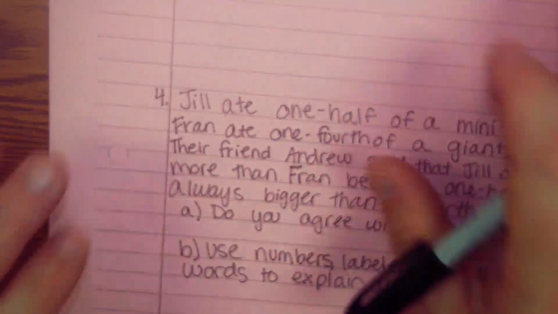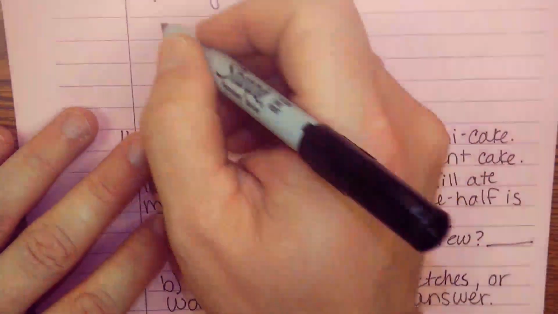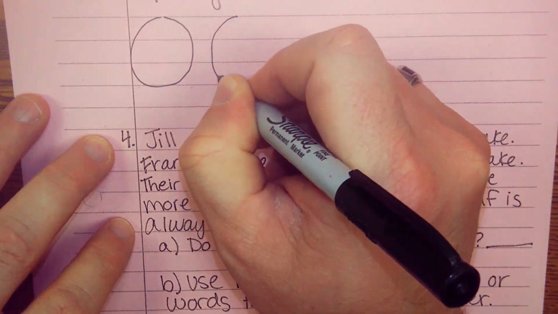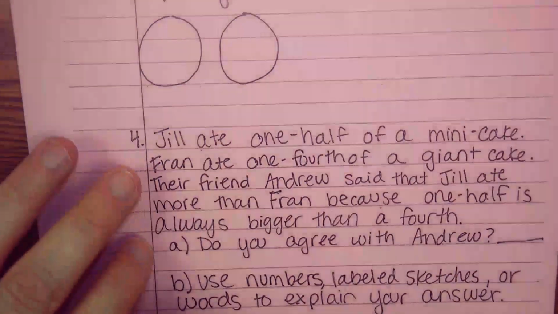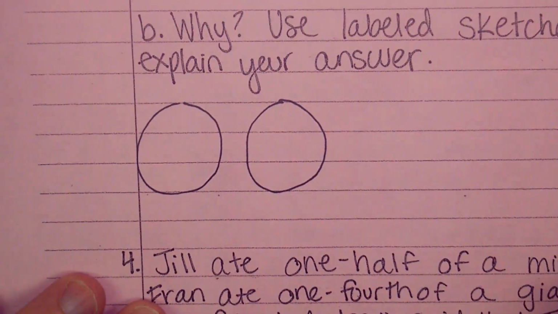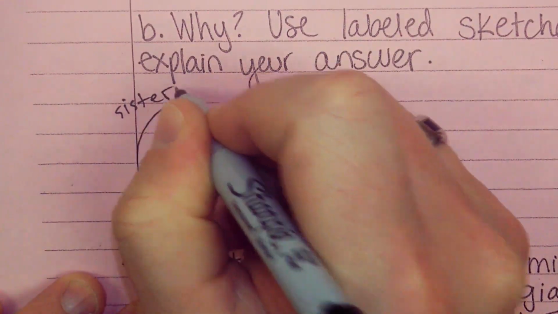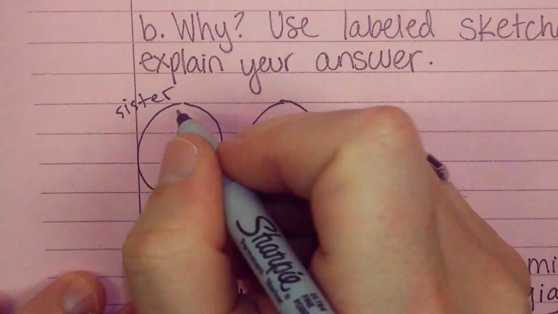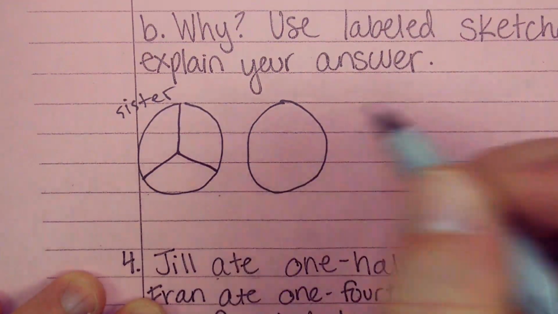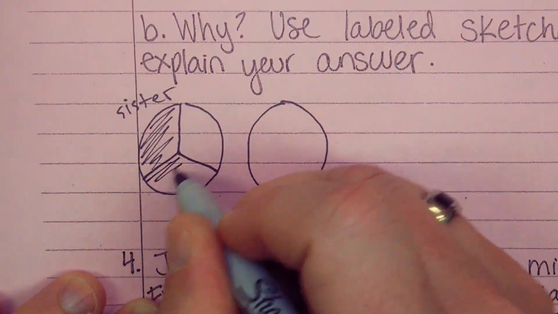Now, on the next page, it gives you space to write, and that's what I'm going to do because I like to draw. So I'm going to try to draw 2 pizzas that are exactly the same size. Even if it doesn't look that way, in your brain you have to tell yourself that it is. Okay? So, sister gets 2/3 of the first pizza. Okay, so that would be 1/3 and 2/3.